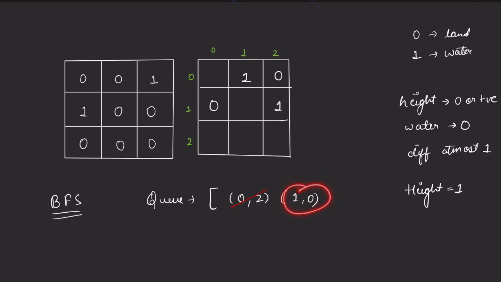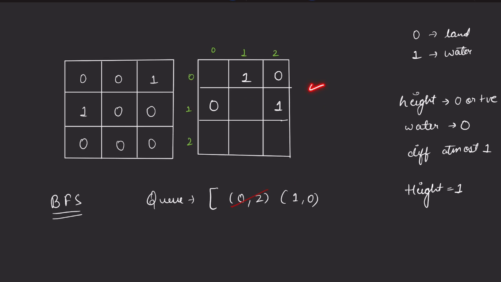And then we'll take this out and give a height of 1 to these also. The only thing that you must remember is that when I have pushed a particular cell into my queue, I shouldn't put it again. I shouldn't assign height to that particular cell again. So we will also have to mark whether a particular cell has been visited or not. For that, either you can create a different matrix of the same size, or you can utilize your resultant matrix only.